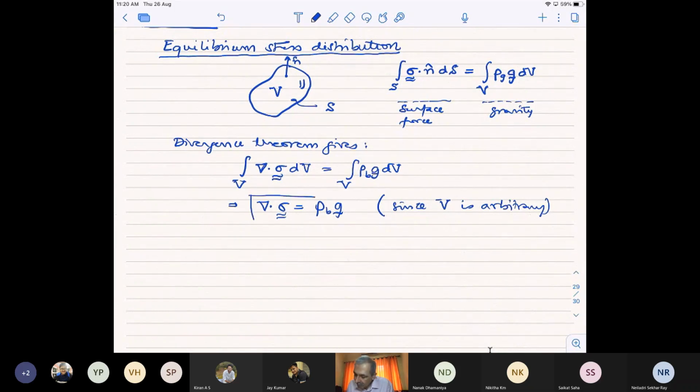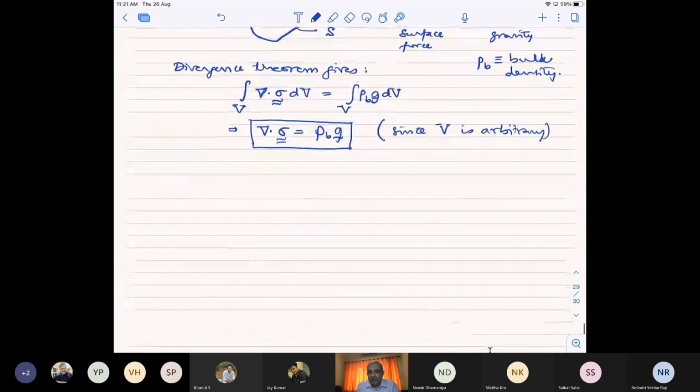So you essentially get the stress balance equation, which says that the divergence of the stress tensor is just rho b times g. Rho b is of course the bulk density of the material. Bulk density means total mass per volume, so that is mass of the particles plus the voids divided by the volume.